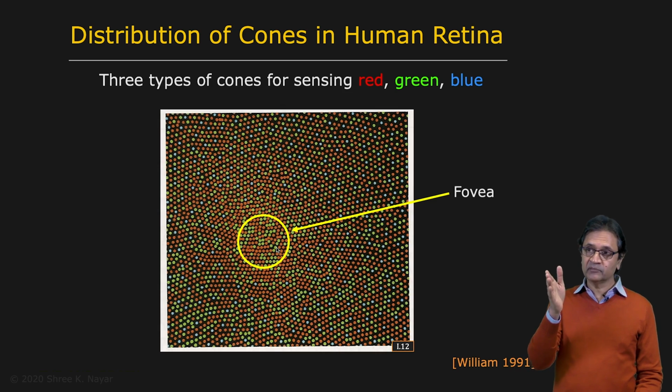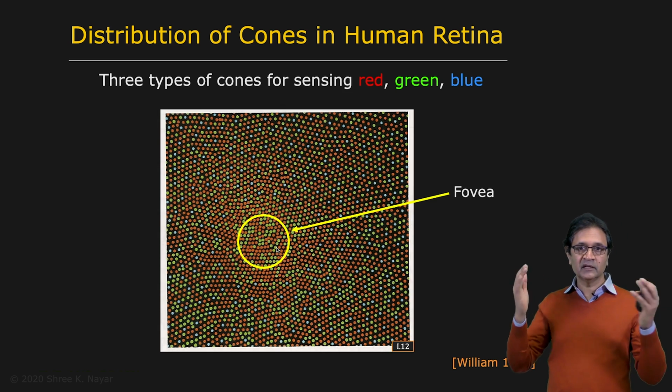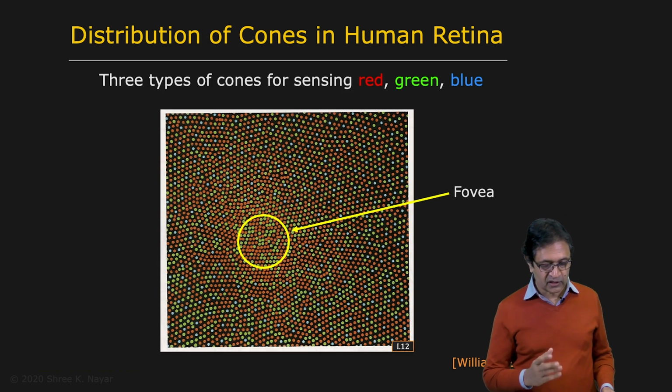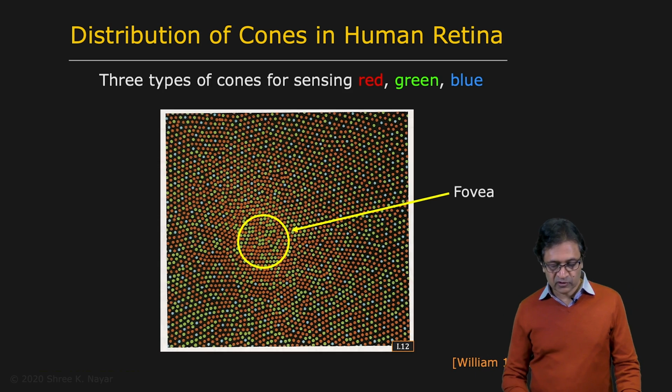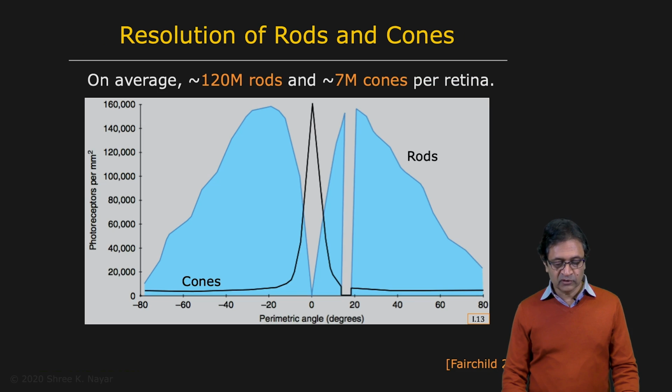When you look at something in the scene, that something is falling on the fovea and everything else is peripheral vision. So that's where you have maximum number of rods and cones. In terms of relative numbers, you have roughly 120 million rods versus only about 7 million cones on the retina. And most of your cones, like I said, are in the foveal region right here. Very high density and then falling off very fast.